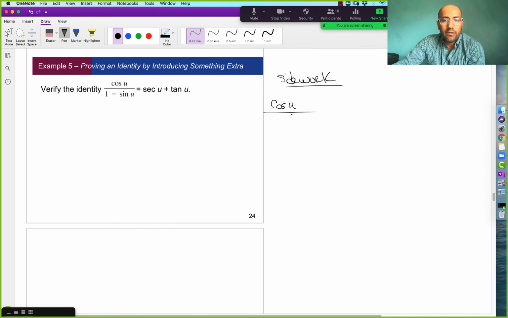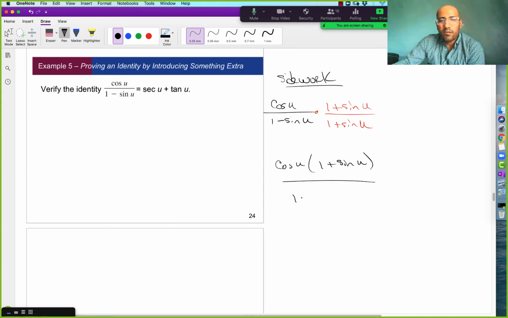Cosine u over 1 minus sine u. I'm going to multiply numerator and denominator by 1 plus sine u. What does that give me? That's going to result in cosine u times 1 plus sine u all over 1 minus sine squared u.